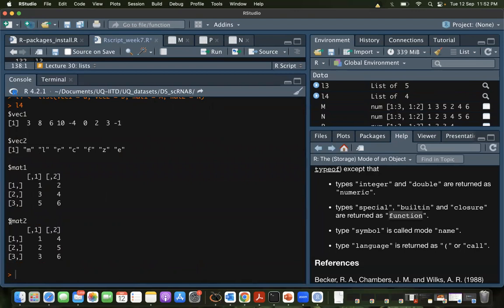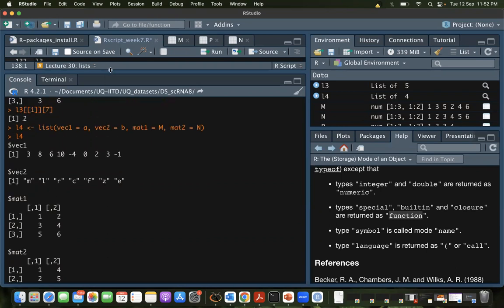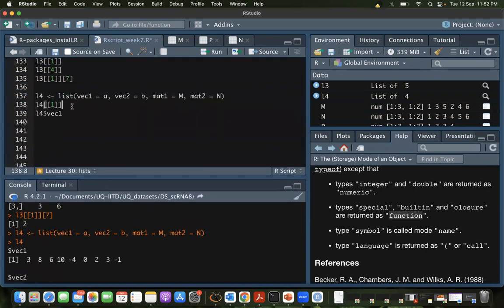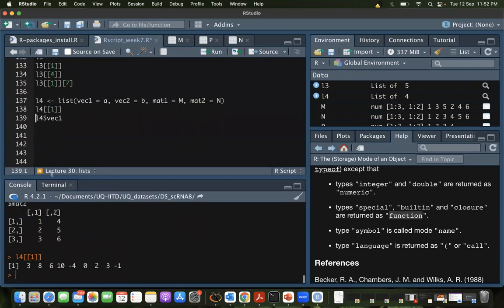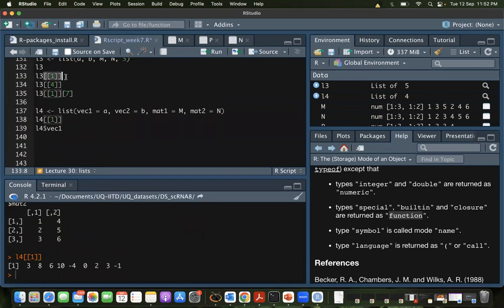As you get more and more complicated structures, the dollar sign is a relatively simpler way to extract information based on names. So again, if you forget about the names, if I want to extract the first element, which is A, I can still extract it using the same thing as before.